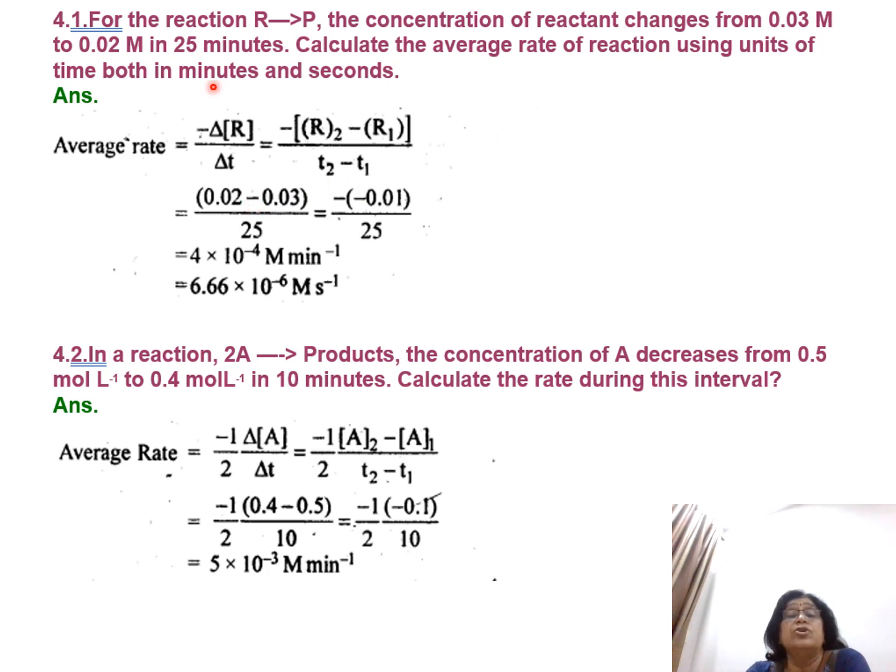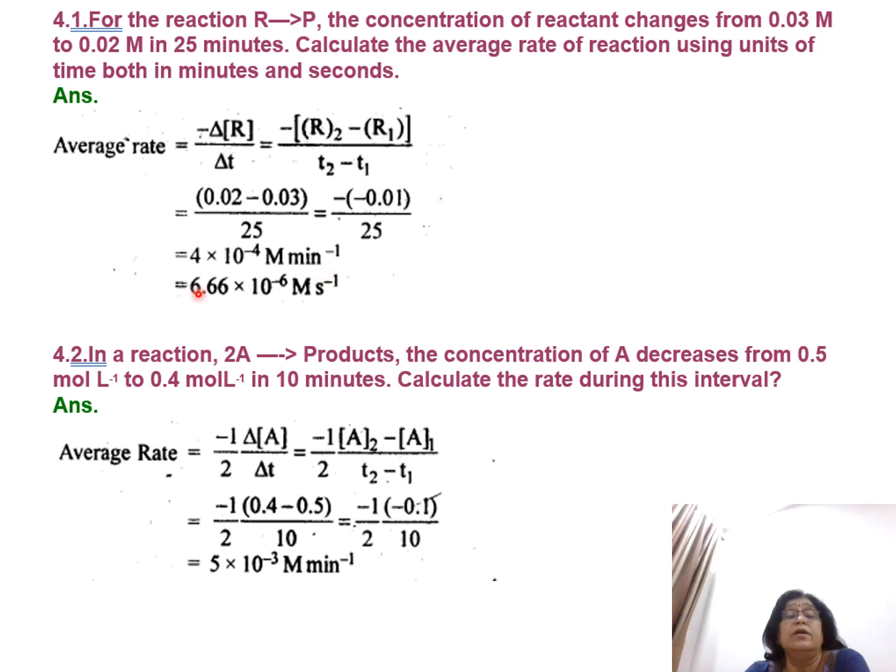R2 is how much? 0.02 M. What is R1? 0.03 M. So 0.02 minus 0.03 upon the time, which is 25 minutes. So upon 25 gives you minus 0.01 upon 25. So this is 4 into 10 to the power of minus 4 moles per liter per minute.